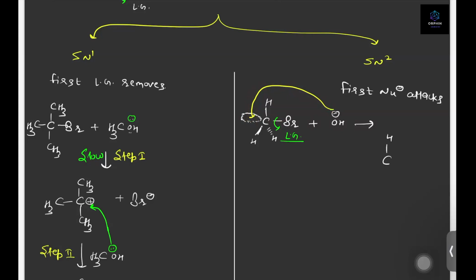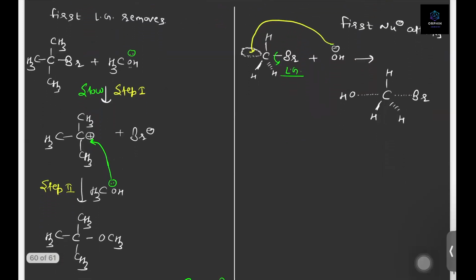And how does the transition state look? It looks like this: Br and OH. The OH is donating its electron to the anti-bonding, and the C-Br bond is becoming weak, right?